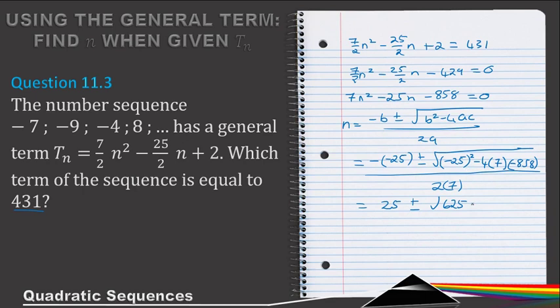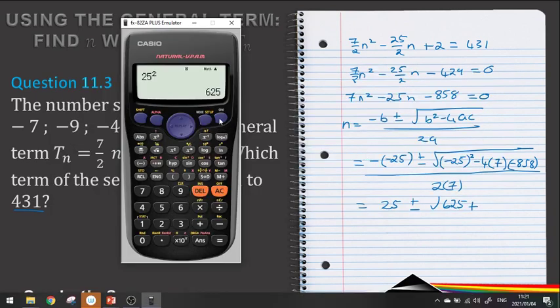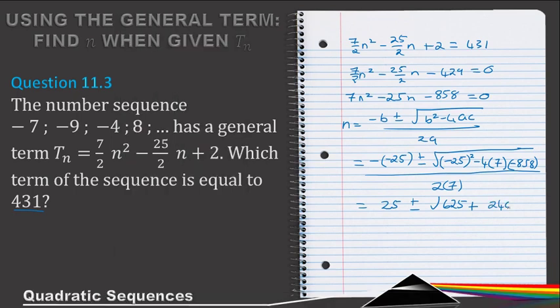Now minus and minus is a plus, and then 4 times 7 times 858 is equal to 24,024 over 14.